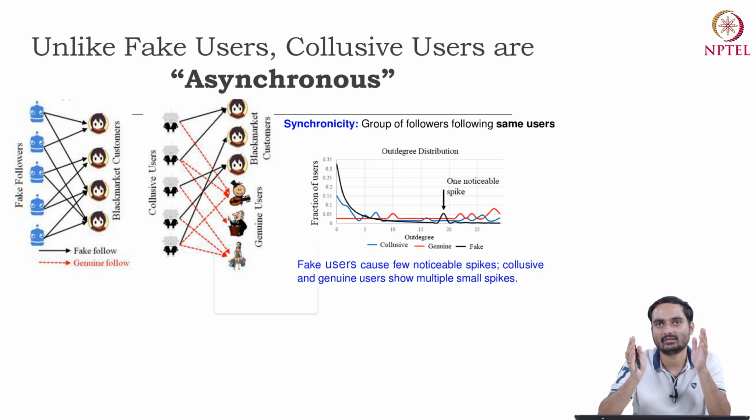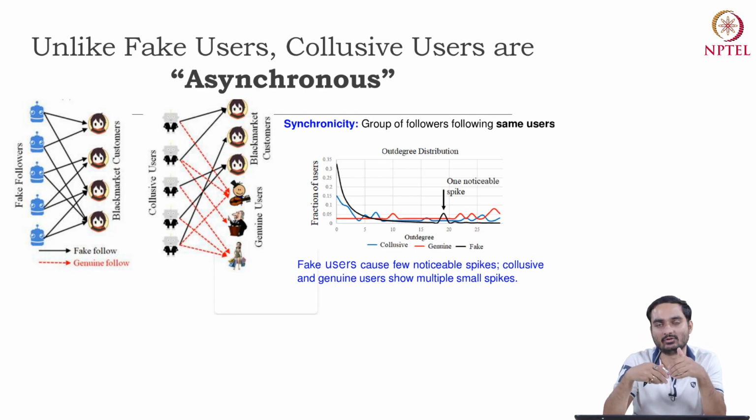These things are more or less the same. They tend to write similar kinds of posts, follow others around the same time, and follow the same types of users. So most existing studies claim that fraud activities are synchronous in nature.